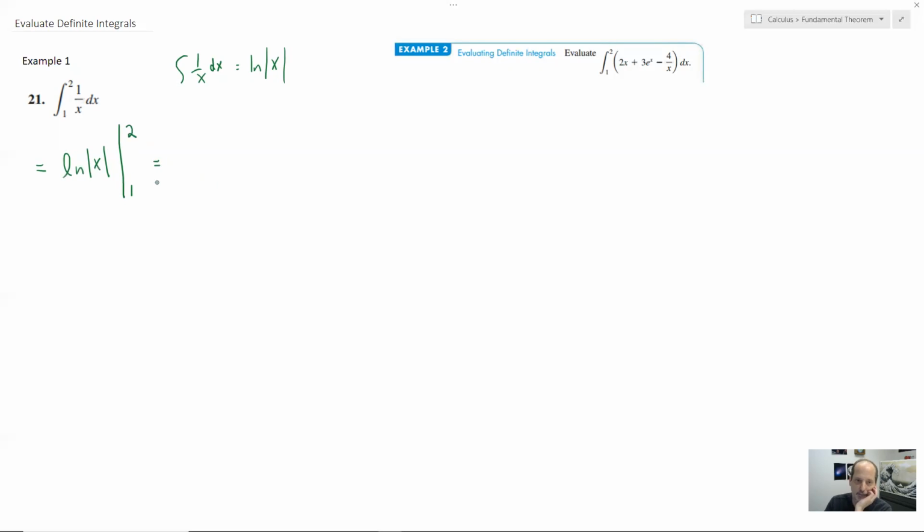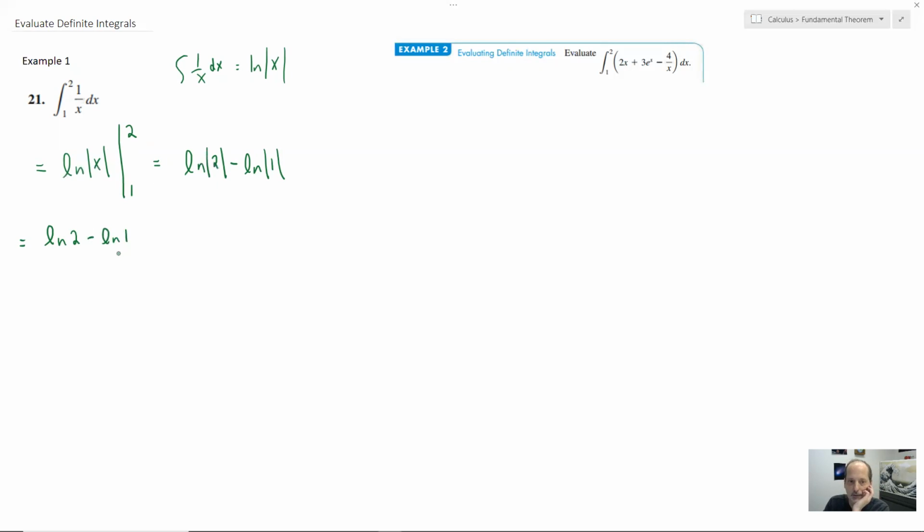So now I've got the notation in place. I just plug things in. ln of the absolute value of 2 minus ln of the absolute value of 1. Well, the absolute value of 2 is 2, so this is ln of 2 minus ln of 1.